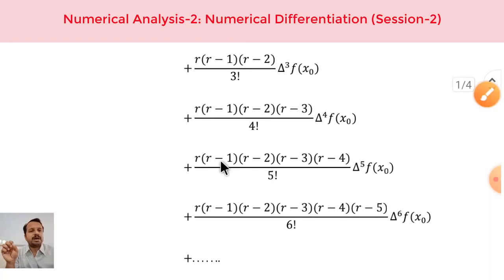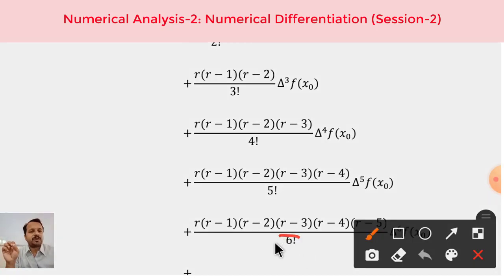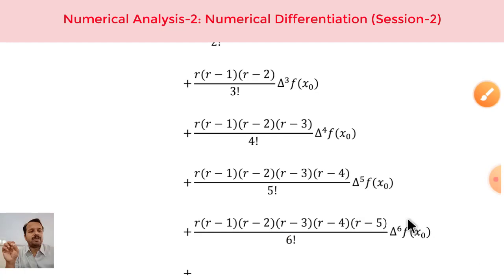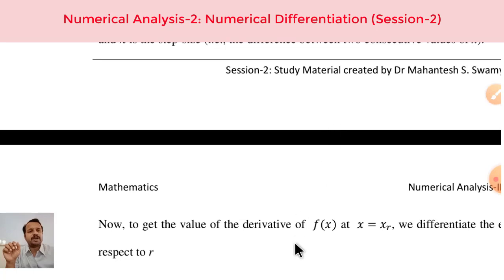We will be getting fourth degree terms in this bracket, and fifth degree terms of r in this bracket. Likewise, we will have fourth degree, fifth degree, sixth degree terms in r. The remaining things, this factorial 6 multiplied by this quantity, will be a constant everywhere. These are all constants.